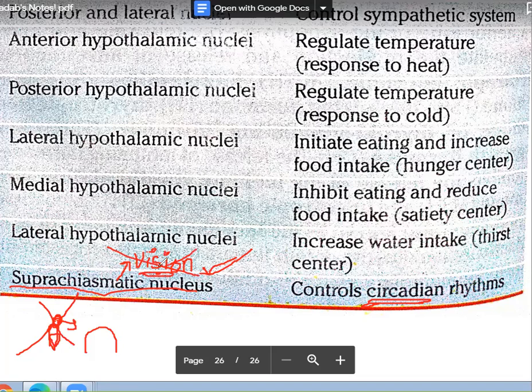This is wrong. So you have to remember the suprachiasmatic nucleus controls the circadian rhythms. That is a 24-hour biological clock that is going, that now at a particular level you're sleeping, and you have noticed that when you wake up in the morning early, if you're going regularly on a work routine, you're going on a job, you have to reach your office or your hospital at 8 o'clock, and you have to get up from bed at 6:30 or 6.